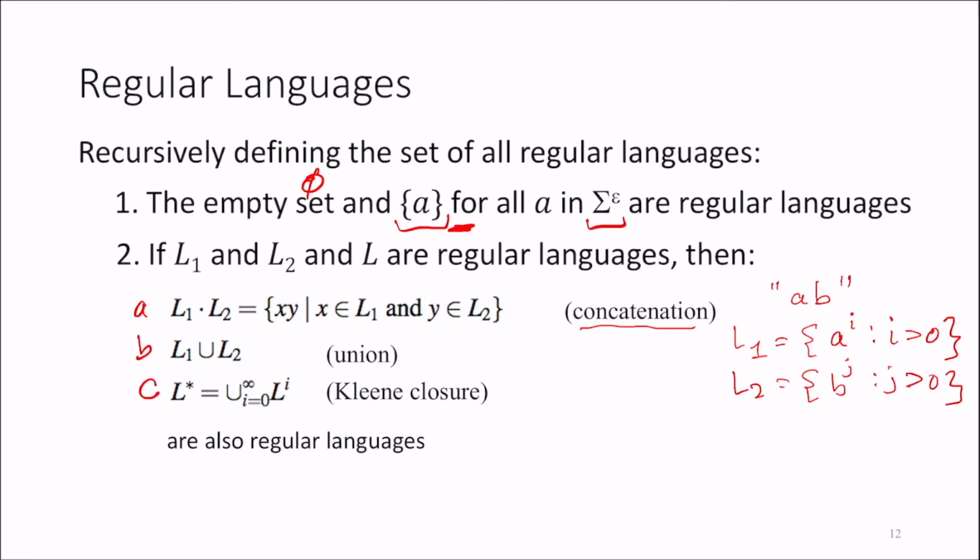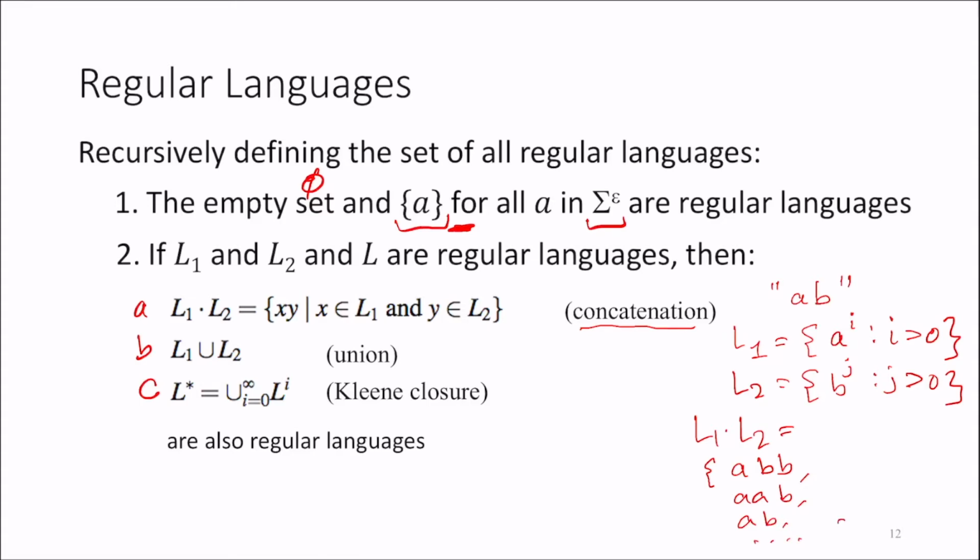Then if I concatenate all the strings from L1 and L2, I would get L1 dot L2 is equal to, I take a string from L1, which is, let's say, 1 A, and I take a string from L2, let's say 2 Bs, and I concatenate them together. Or I could take 2 A's, concatenate with 1 B. I can take 1 A and 1 B. I can take any combination.